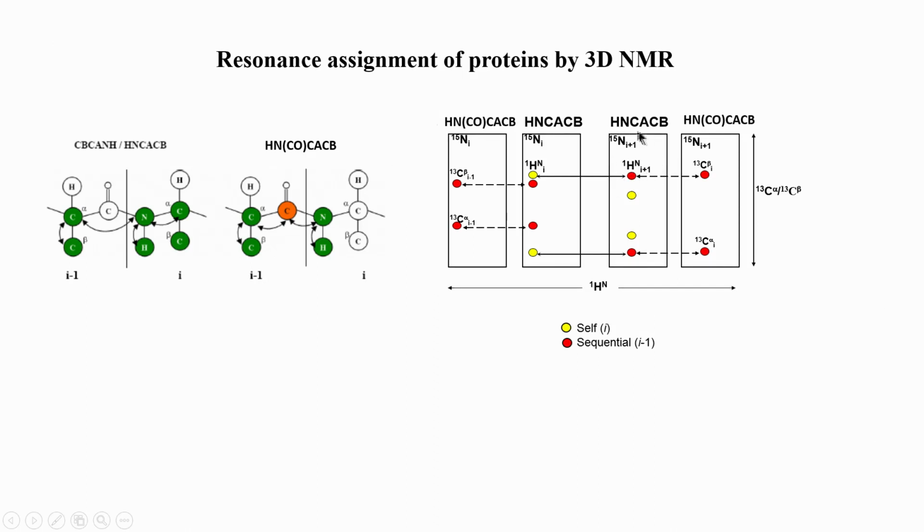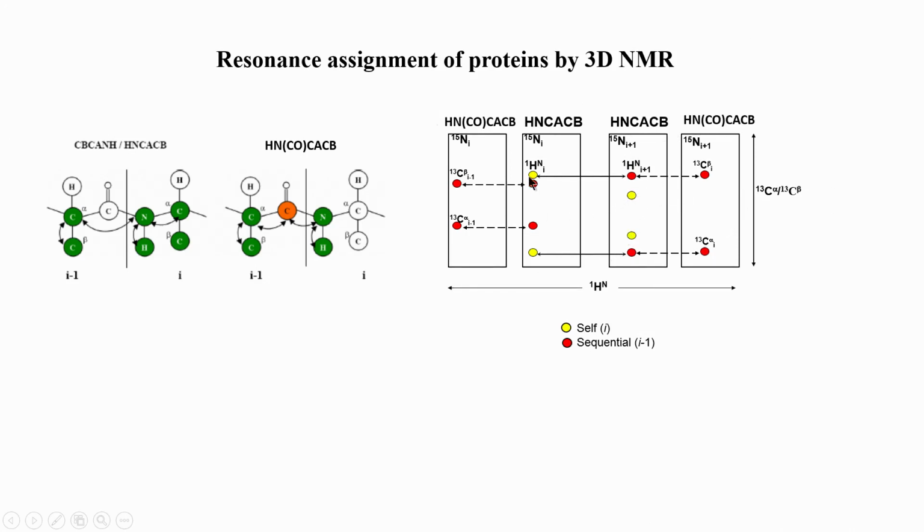Okay. So, for this amino acid, I is sequential and I plus 1 is shown here. Now, if you go further from I plus 1, you will find another match to I plus 2. For I plus 2, these two become sequential.